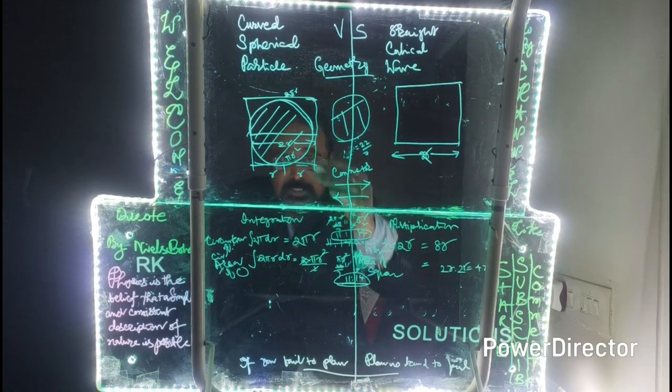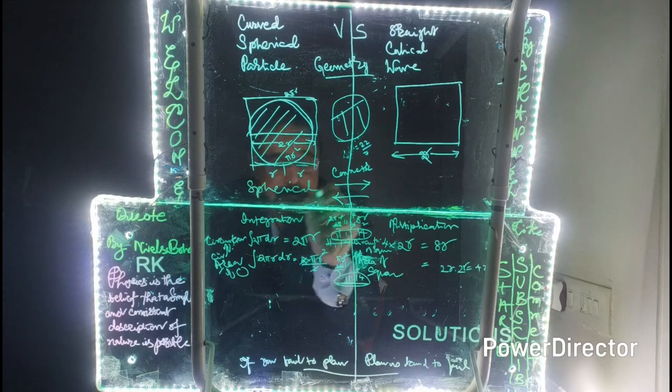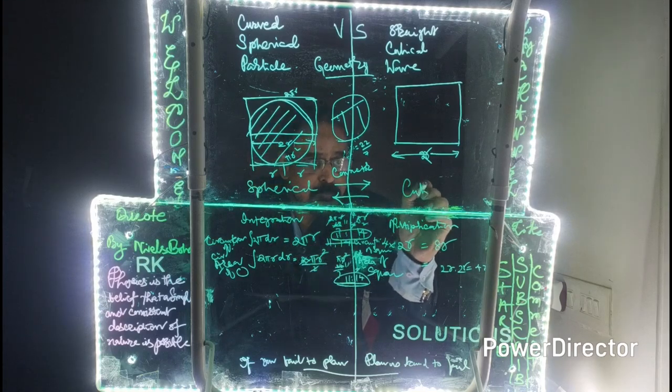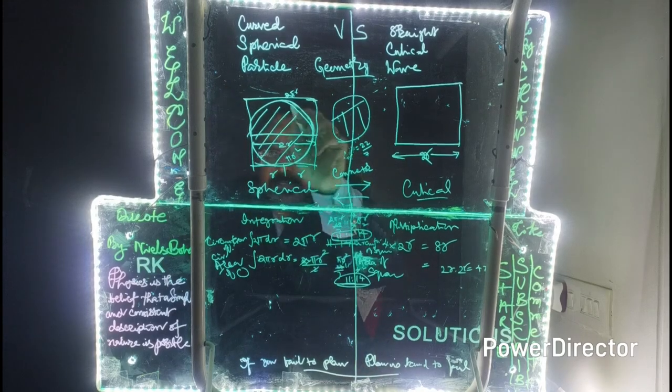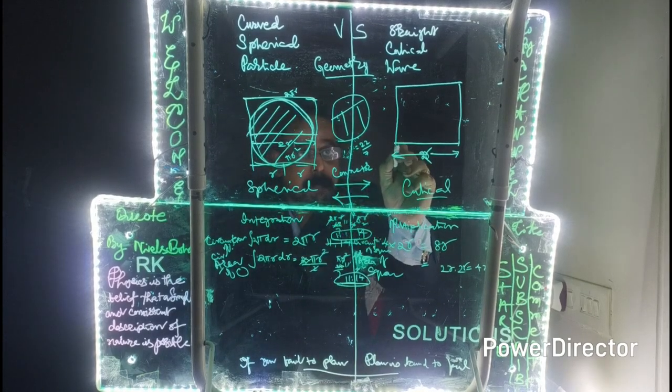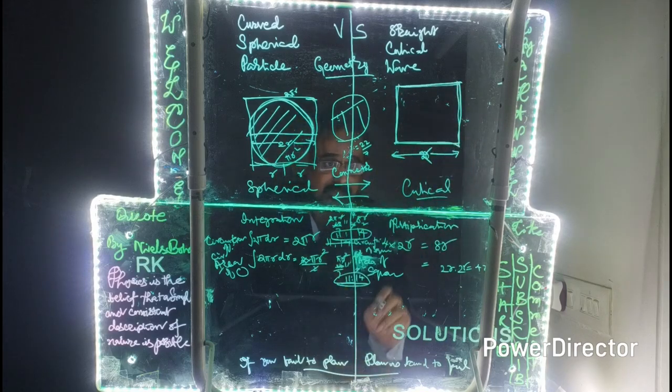Ultimately, we will go to the sphere, right? So this is spherical, this is cubical. If you take the ratio of the circumference of the circle to that of the square, you will get 11 is to 14.